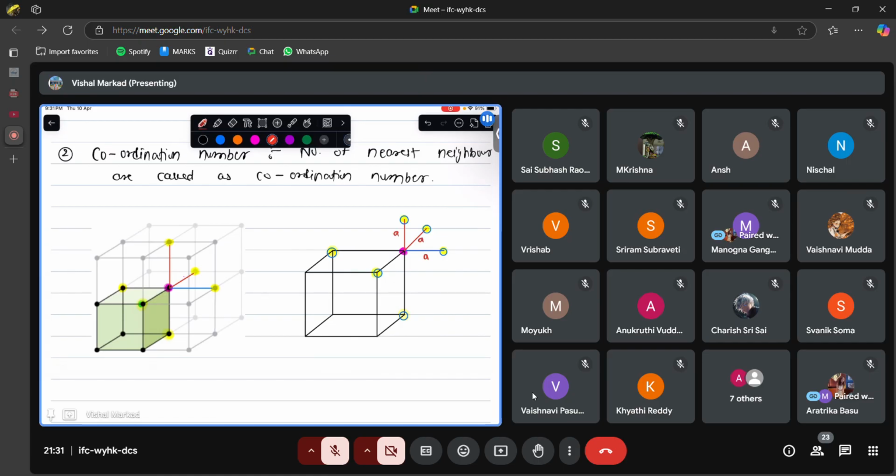Can I write down this is a? This is also a, this is also a, and this is also a. I am talking about this distance. This is also a, and this is also a. Now one more thing. I am drawing here one line, the face diagonal.